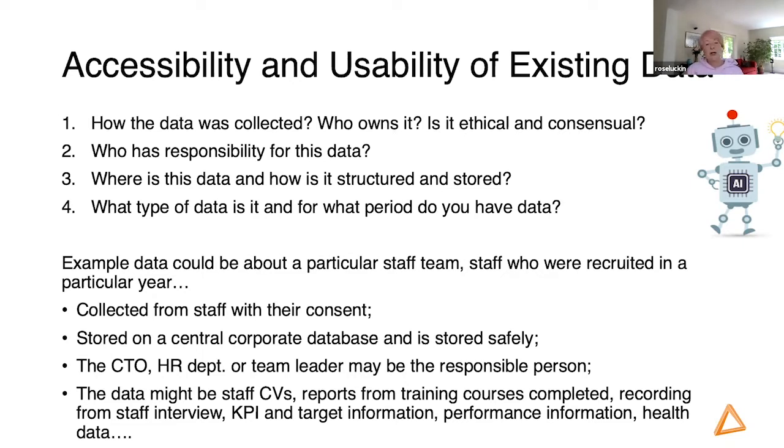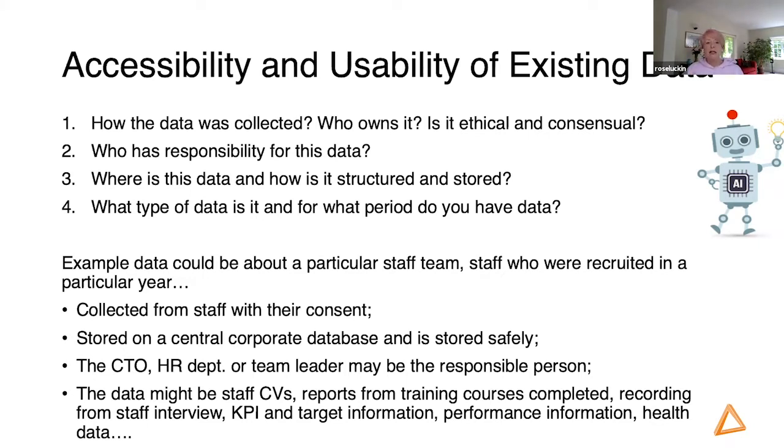And of course, that information must be collected with that potential staff member's consent. It should be stored in a central corporate database and stored very safely. Your chief technical officer or HR department or team leader may be the person who's responsible for that data, or in a small business, it could be you as the founder.